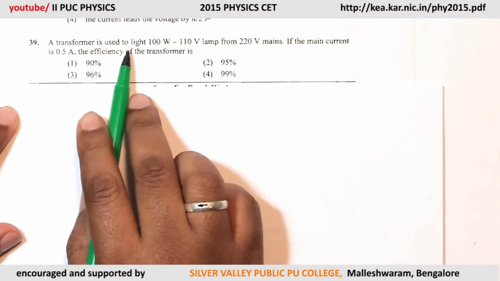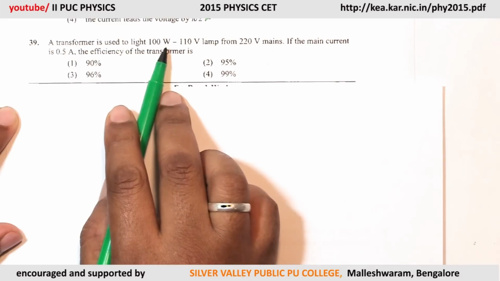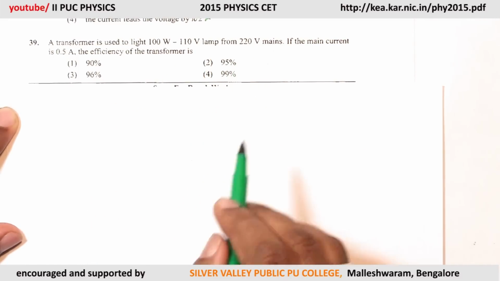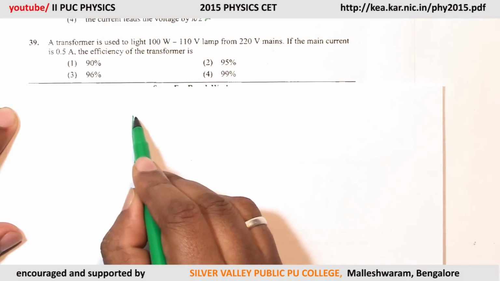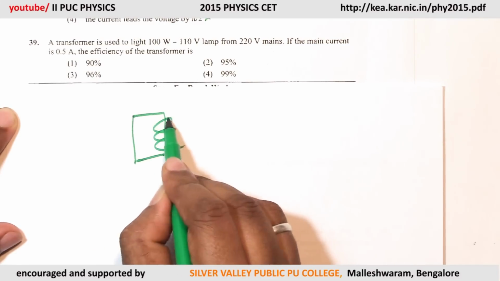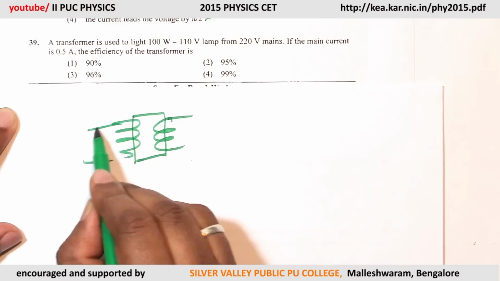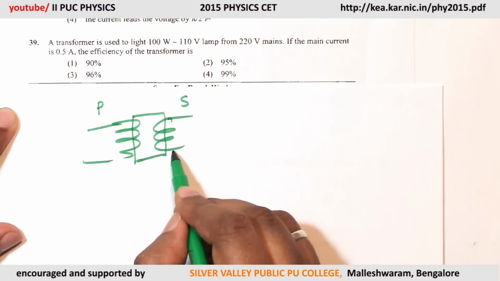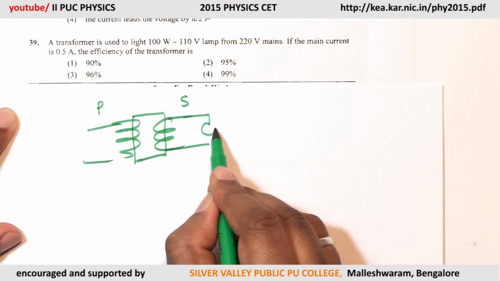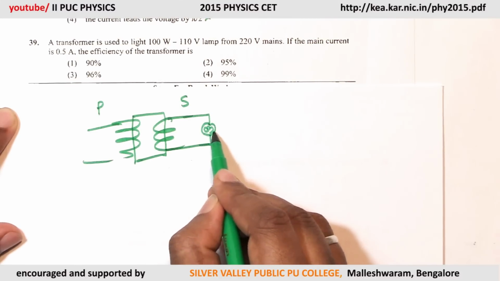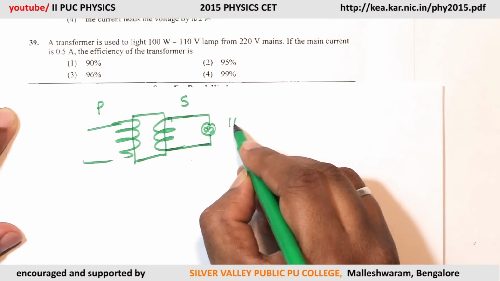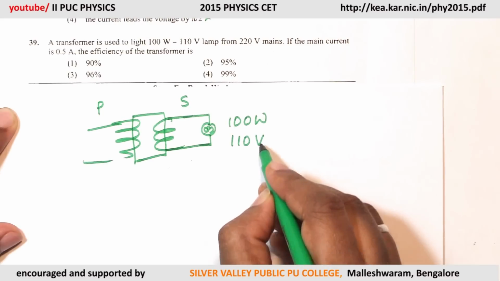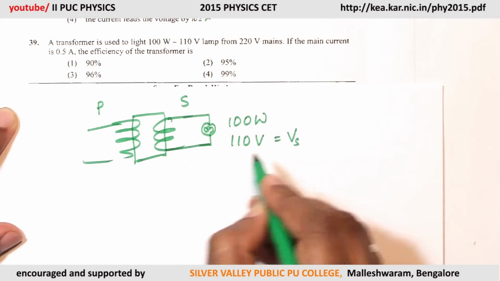A transformer is used to light a 100 watt 110 volt lamp from 220 volt mains. So here is a transformer. Call this primary and this coil secondary. At the secondary we have to connect the bulb, isn't it? So 100 watt 110 volt, this is the voltage across the secondary.